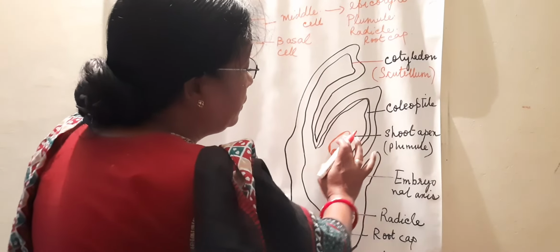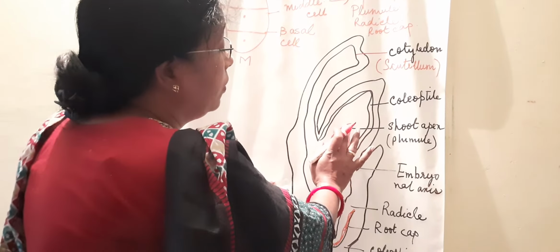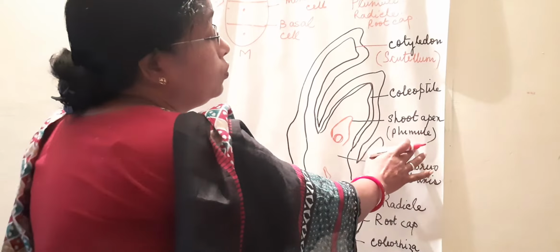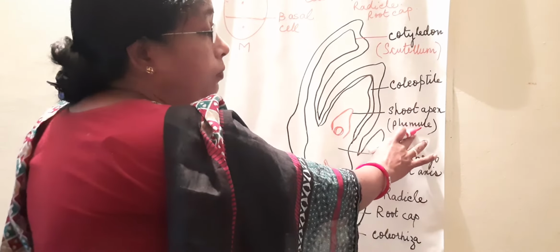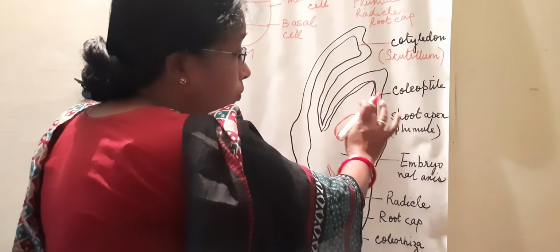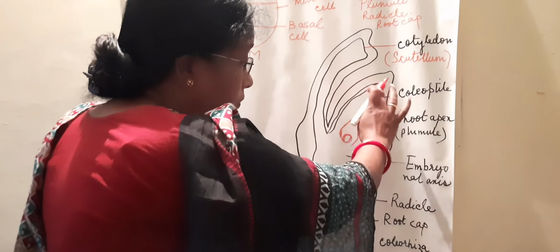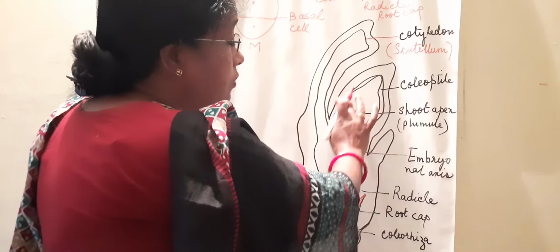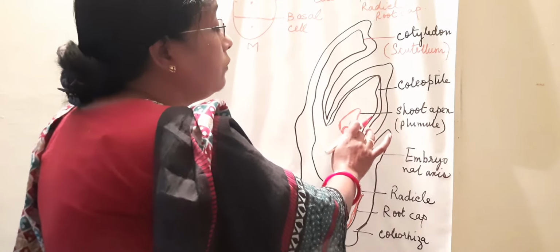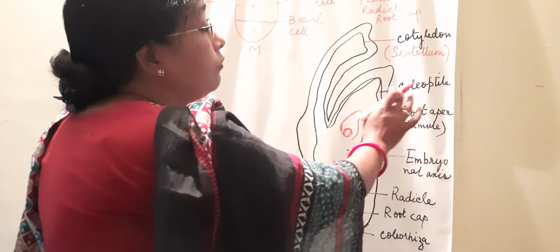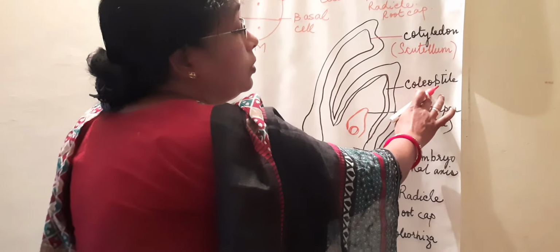The shoot apex is formed just above the embryonal axis. The shoot apex grows into the plumule, and above the plumule, the shoot apex has a covering, a protective sheath, which is known as coleoptile.